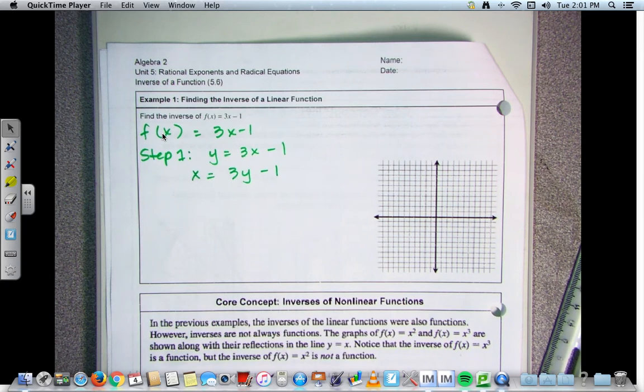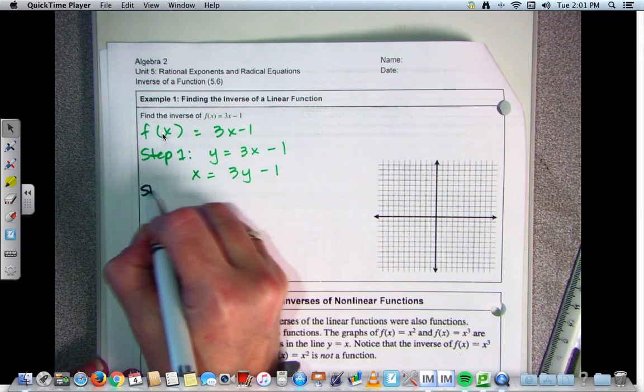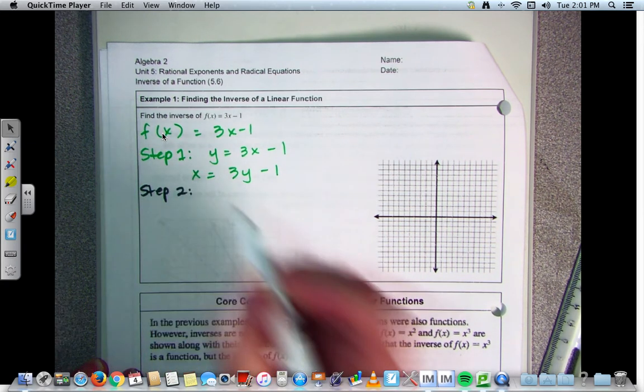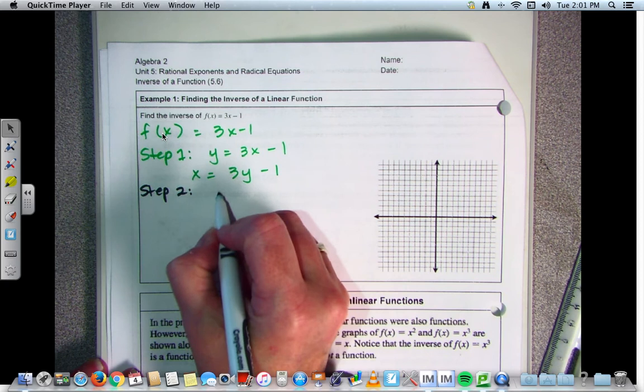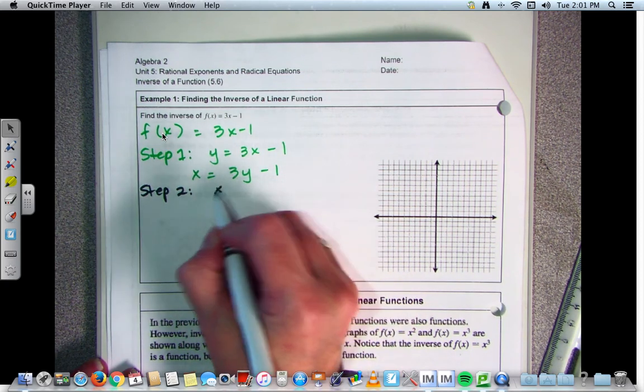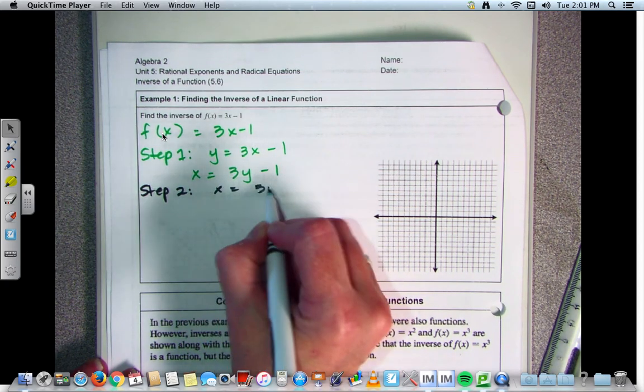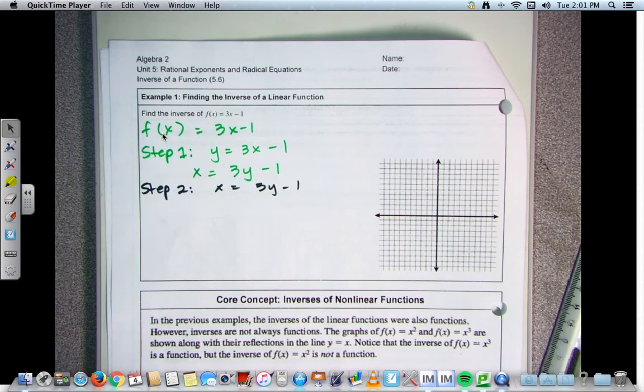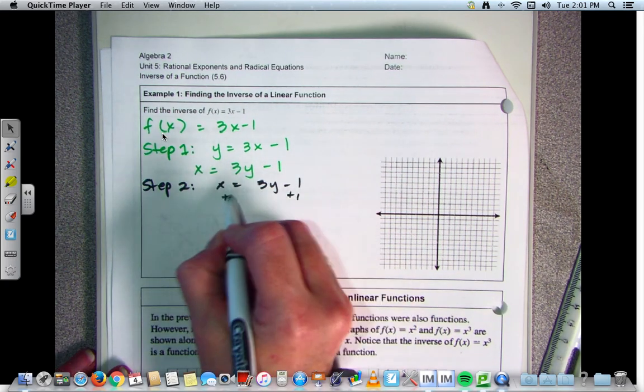Step 2, we need to work on solving for y. So x equals 3y minus 1. First step to get y by itself, we want to add 1 to both sides.